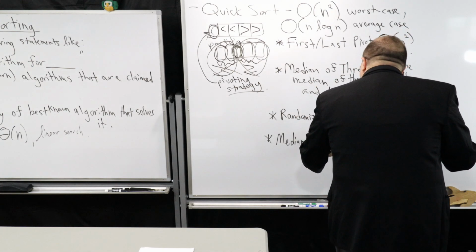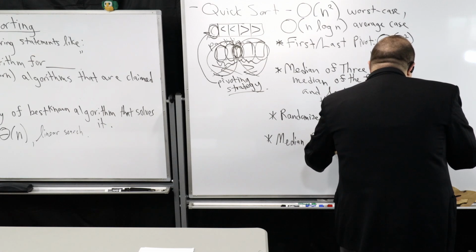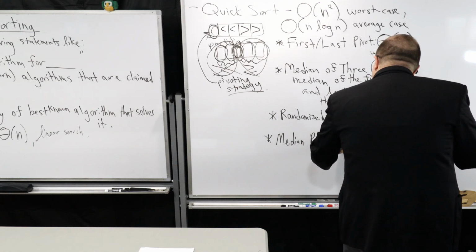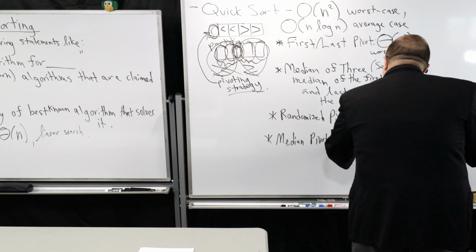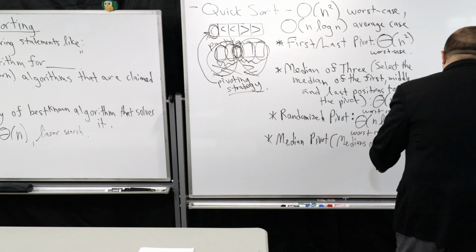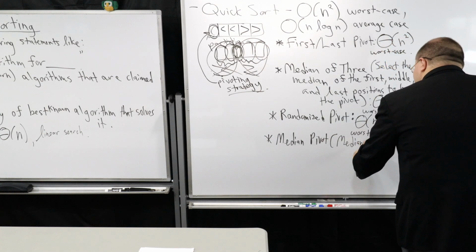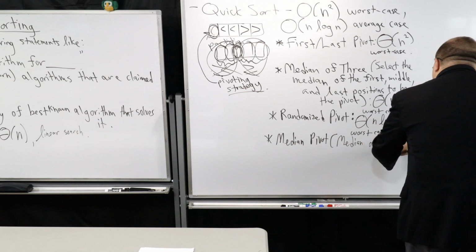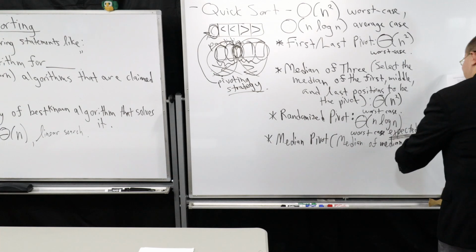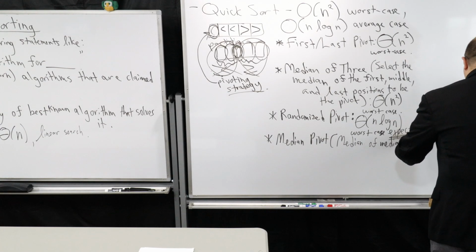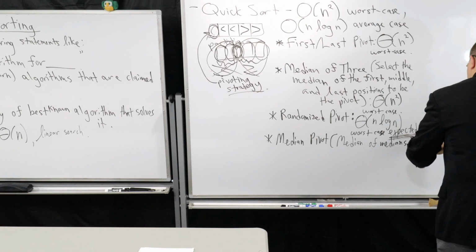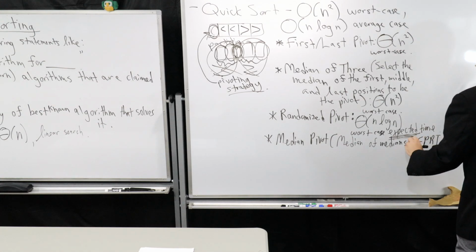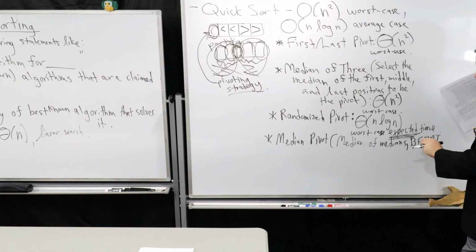There is a way to compute this in linear time. Sometimes people refer to it as the median of medians. Or the fancy name is BFPRT. This is named after all the authors of this algorithm.